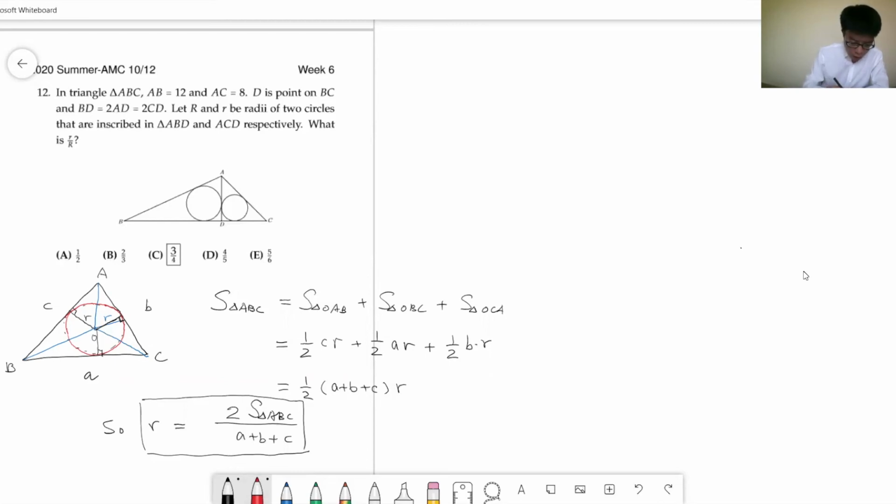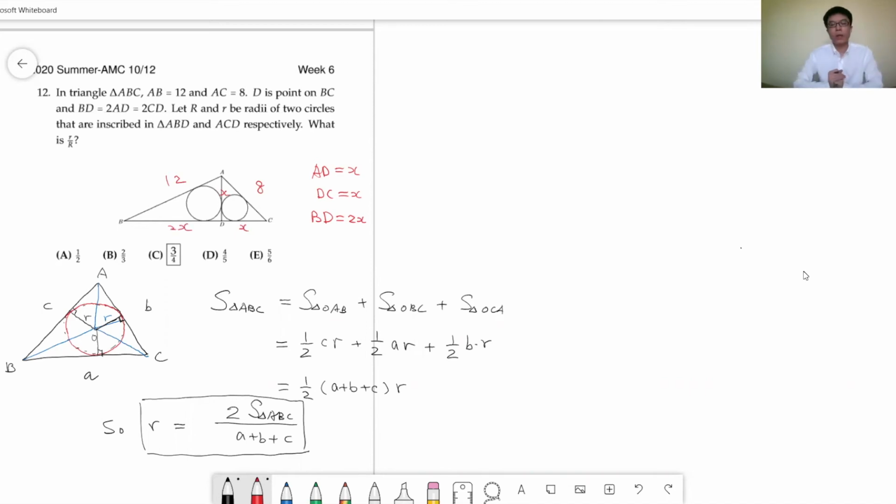So we have AB equals 12 and AC equals 8. And we just know BD equals twice AD and equals twice CD. And we don't know the exact length, so we can just set it by numbers. Say, suppose AD is X. And DC equals AD, so it's also X. But BD is twice X. Okay, so this is X, this is X, and this becomes twice X.